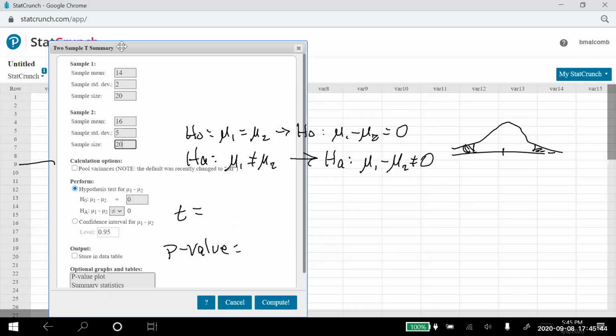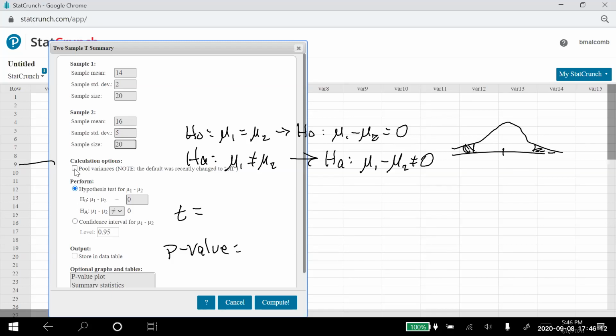And notice one had a sample standard deviation of 2 and the other had a sample standard deviation of 5. Those are getting pretty far apart. So just looking at those numbers, we would probably think I shouldn't be able to assume that the population standard deviations are equal if the sample standard deviations are so far apart. But since I'm not making the assumption they're equal, I do not pool the variances. So leave it the way it is.